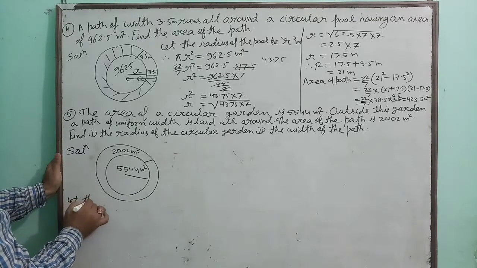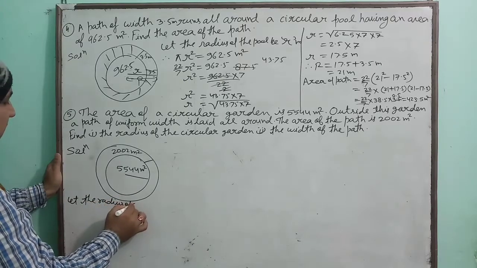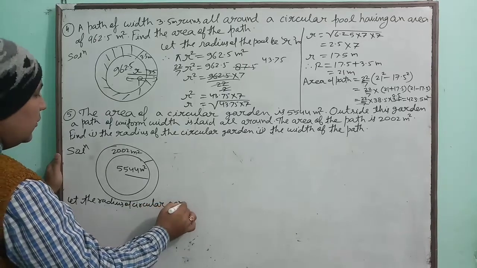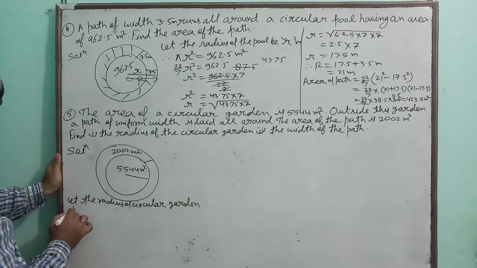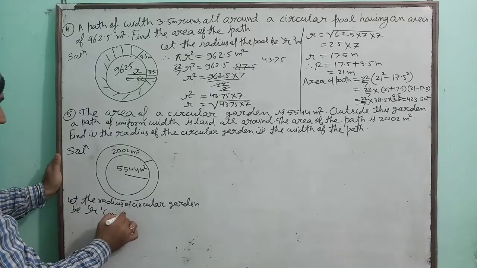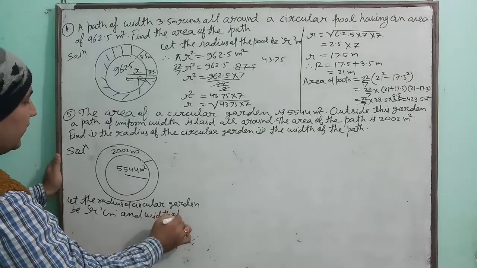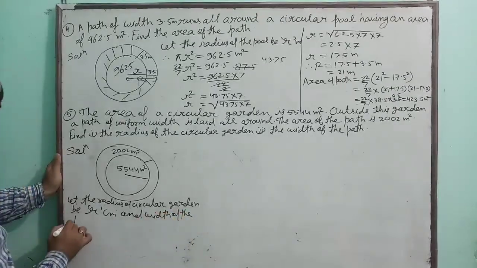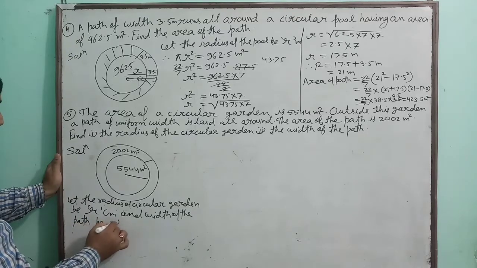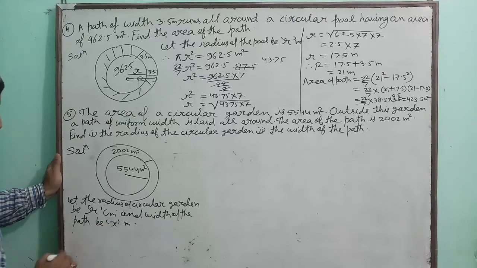Let the radius of the circular garden be r meter and width of the path be, suppose it is x meter, width of the path is x meter.